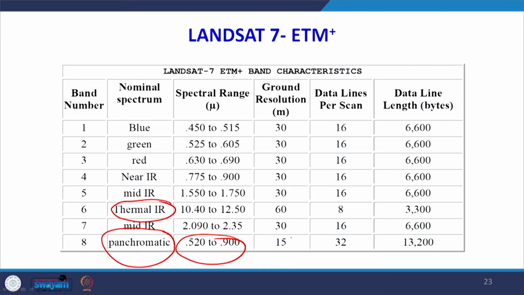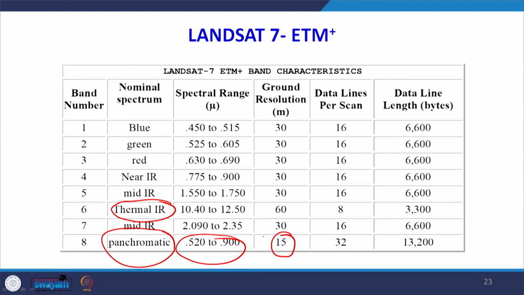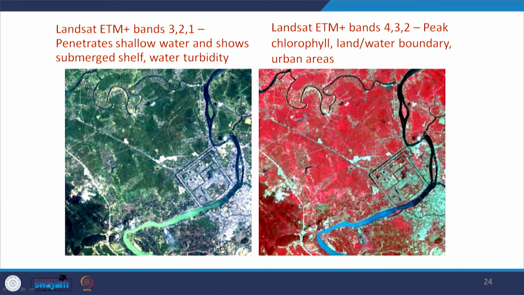It was 30 meter earlier, and now it gives me 15 meter panchromatic data. So, any object which is 15 meter in size on the ground, I may be able to identify with the help of this data. The improvement over the previous one was the addition of the panchromatic data at 15 meter resolution, so a very good amount of detail can be identified with this data.